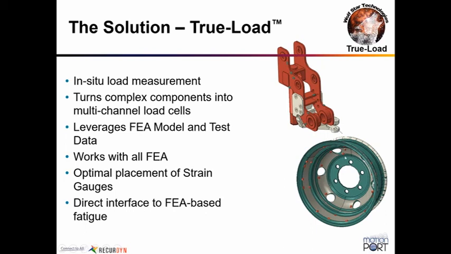So the process with the strain gauges is that unit loads are applied on the finite element model, and in the finite element model you have virtual strain gauges, in that you can look at the strains in different locations.